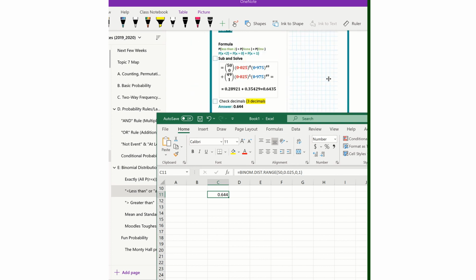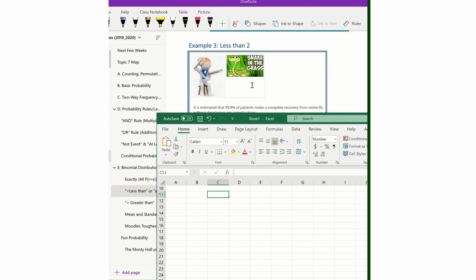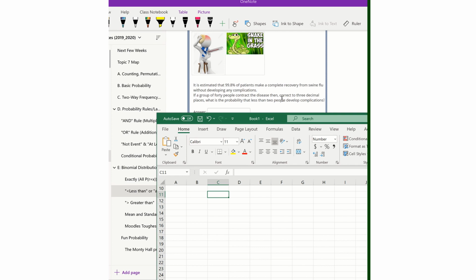One more of these questions, and I'm including this one because we call it a snake in the grass question. The reason this is considered a snake in the grass question is because what they're actually doing here is saying that 99.8% of people make a full recovery. What they actually want you to find out is how many people develop complications.